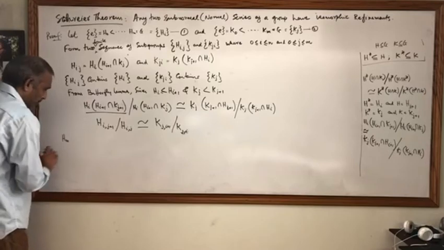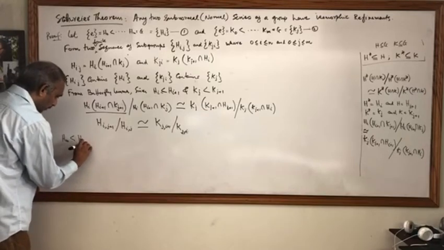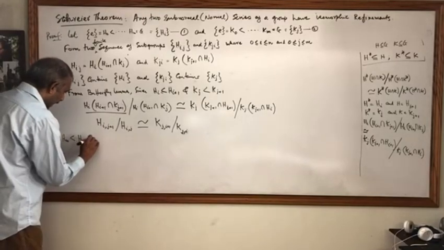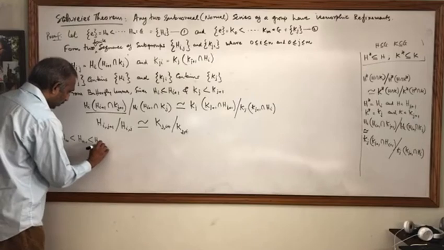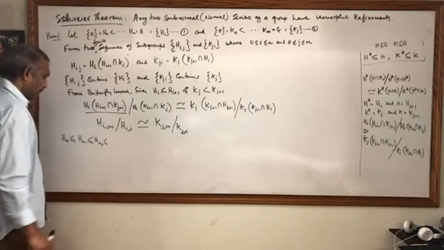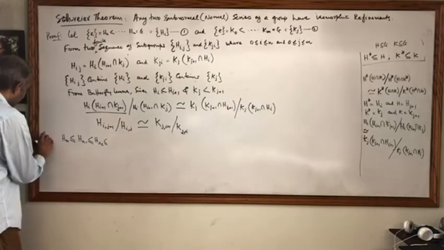H00, H01, H02 dash. This is actually not necessarily a proper subgroup. So this is our Hij.